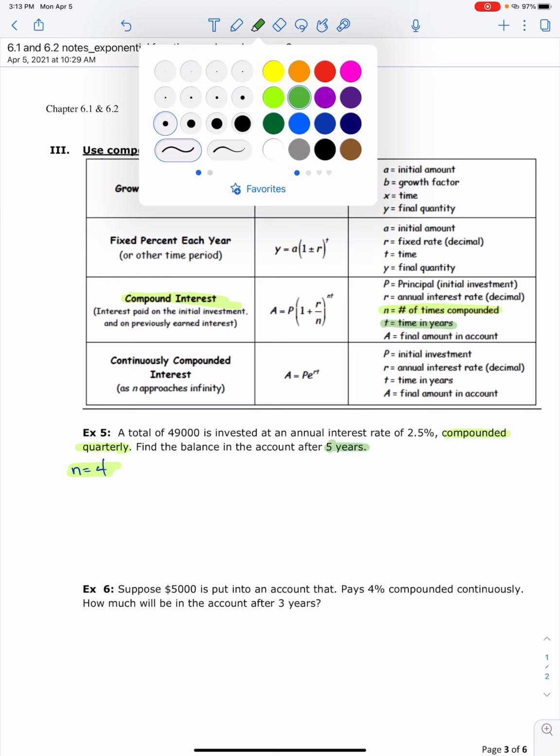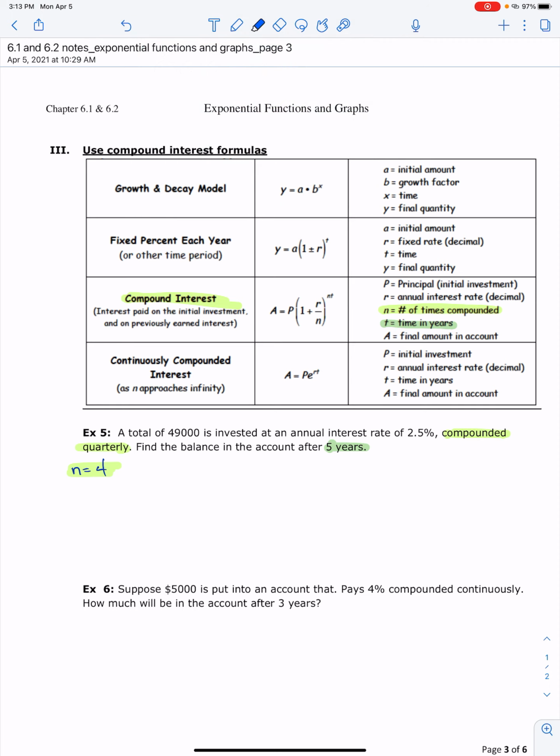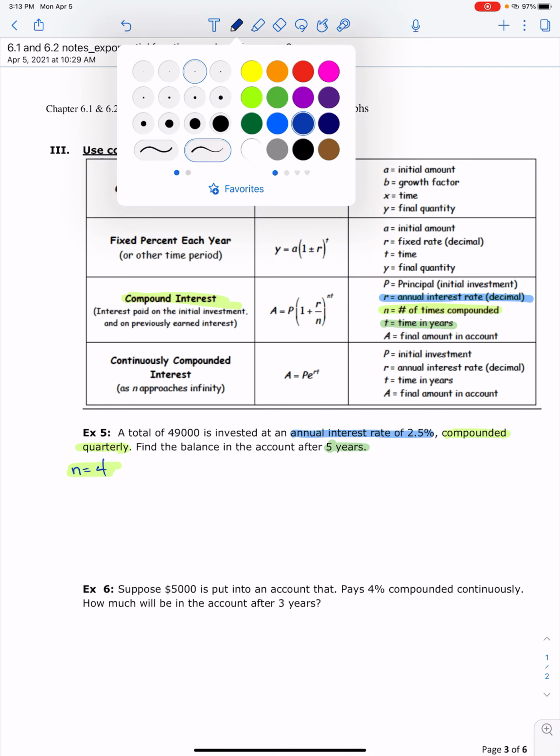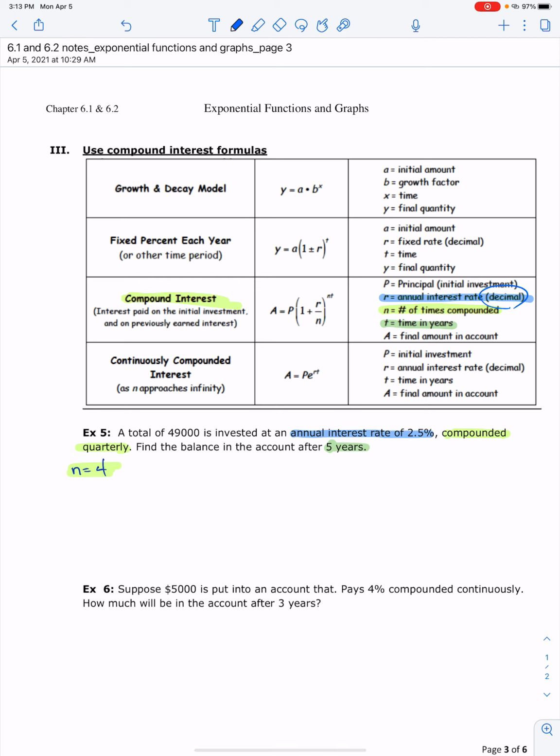We have r as our interest rate, 2.5%. Notice here it says that needs to be written as a decimal. So our 2.5%, percents are always out of 100. You can think of it this way, 2.5 out of 100.